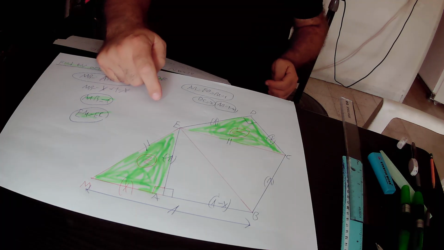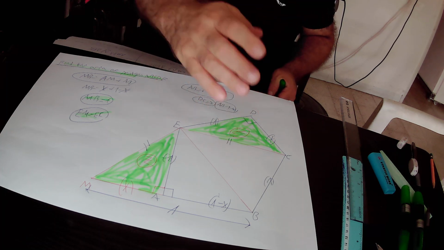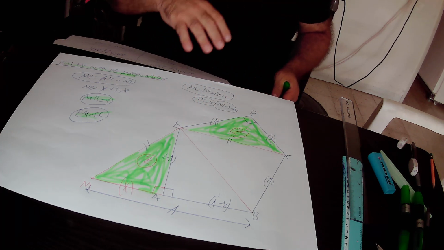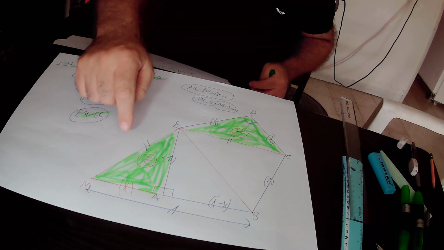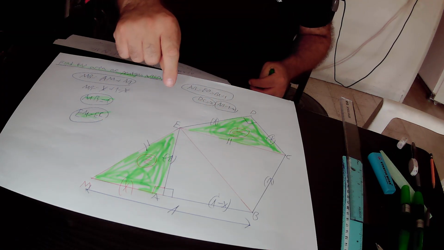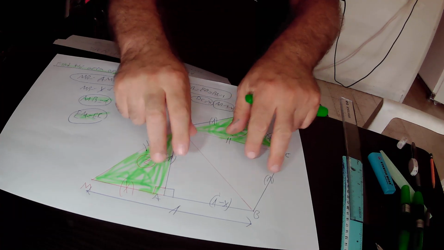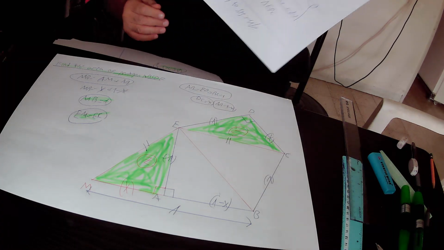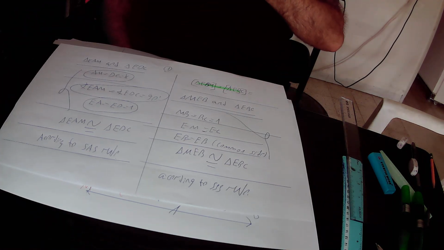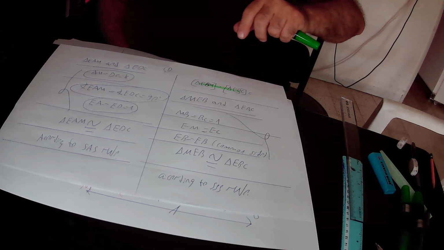And finally, EB is a common side that belongs to both triangles, so EB equals itself. So in total, all three sides of triangle MEB correspond equally to the three sides of triangle EBC. Therefore, those two triangles are congruent according to the side-side-side rule.